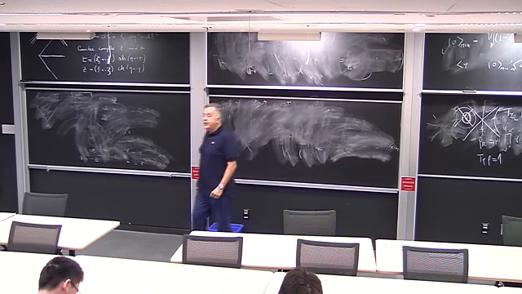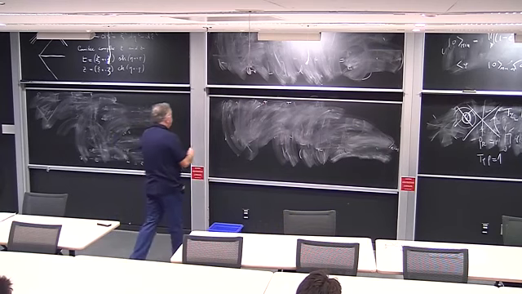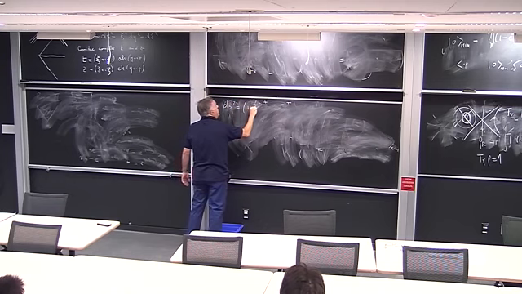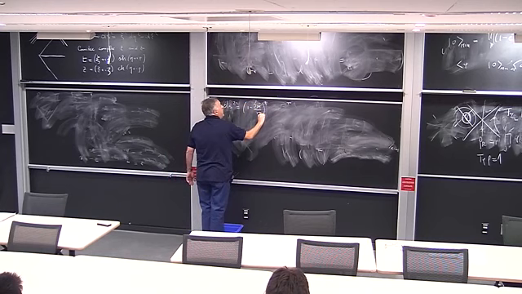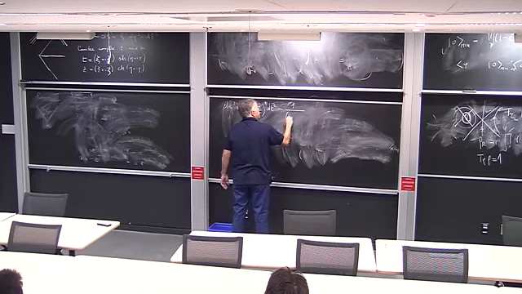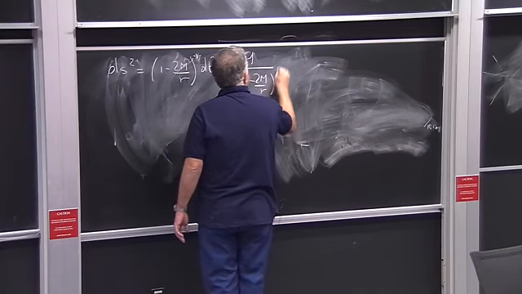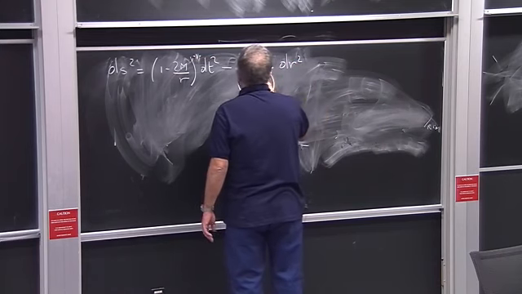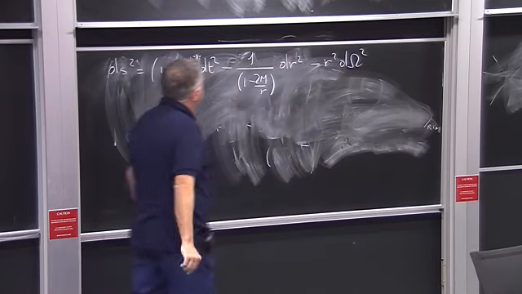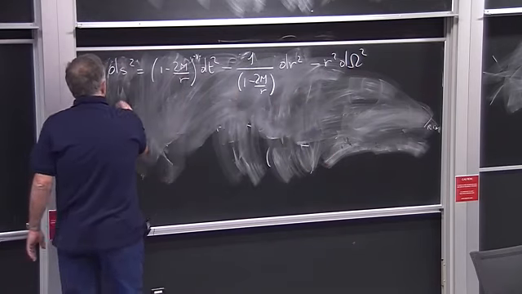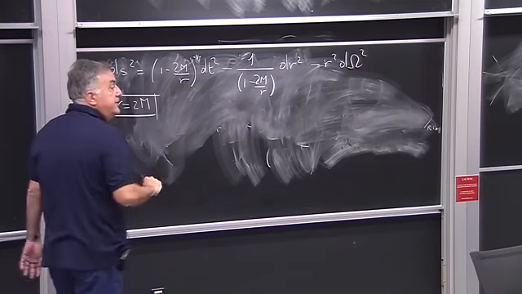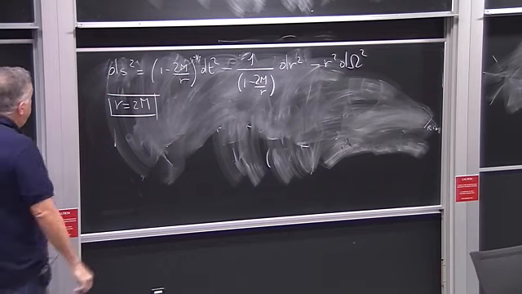So you start from the Schwarzschild metric. Something is going wrong at r equal to 2m, so you need to construct a new coordinate system to get rid of this oddity.